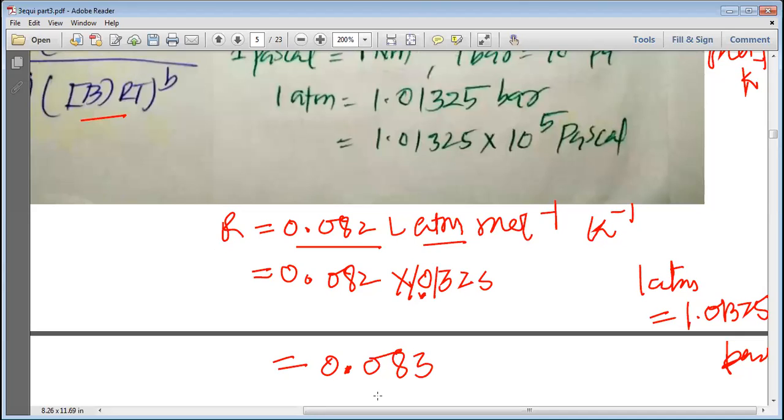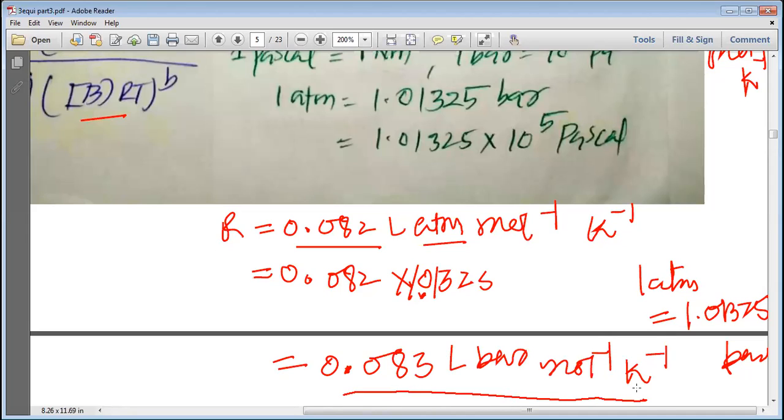Please remember, the unit will be liter into bar per mole per Kelvin. So whenever we will be calculating Kp, we will be using the value of R as 0.083 rather than 0.082.